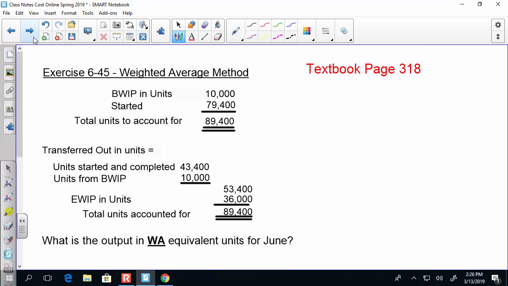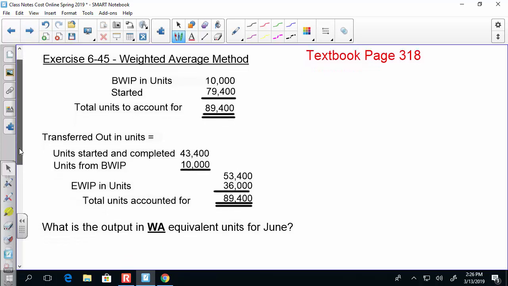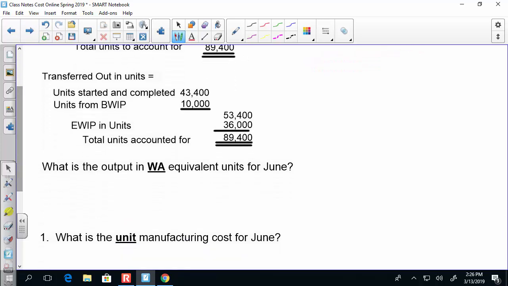So I'm going to work through an example here to show the differences between the 2 methods as far as determining equivalent units. Remember, the goal with a production report is to show units as well as cost.